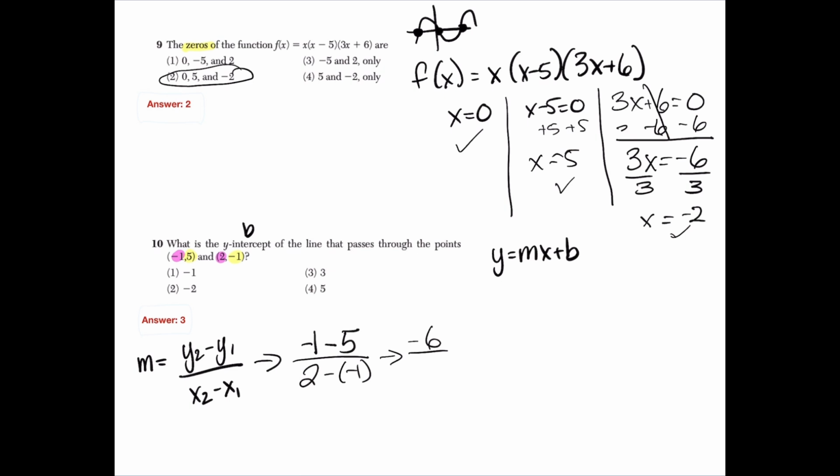So this is the same as saying 2 plus 1, which is 3. So this is an additive inverse, meaning I'm turning it into an addition problem, and the opposite of negative 1 is positive 1. Okay? So then what is my m? M is equal to negative 6 divided by 3, or negative 2.